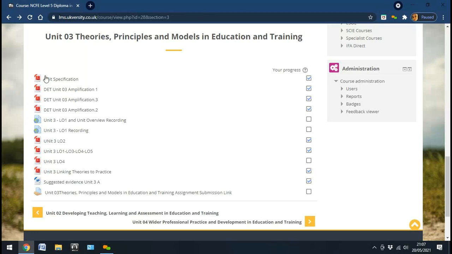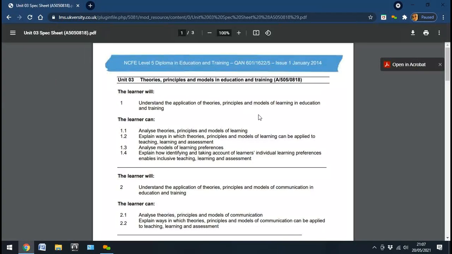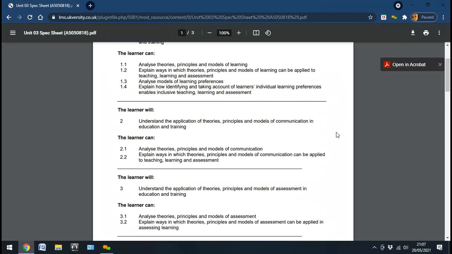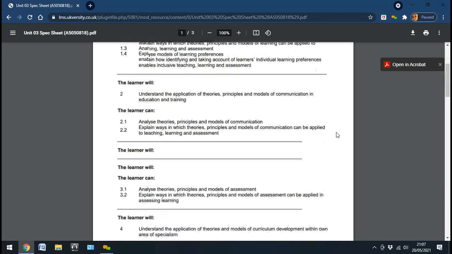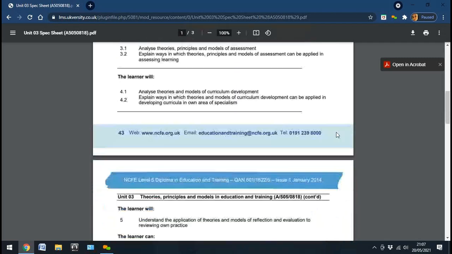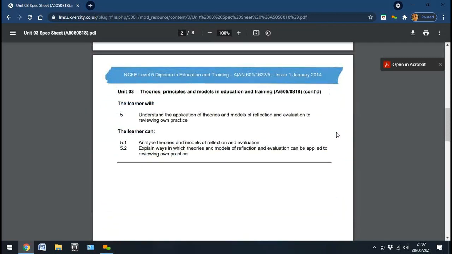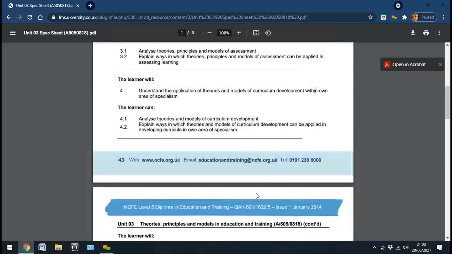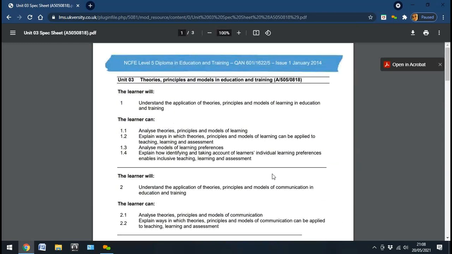I always say that, what the specification is, if you read through the specification, you'll see how it's written out is pretty much how it's on that form, and there are no changes in any way to the document I've just shown you with regard to the actual NCFE standards written down.